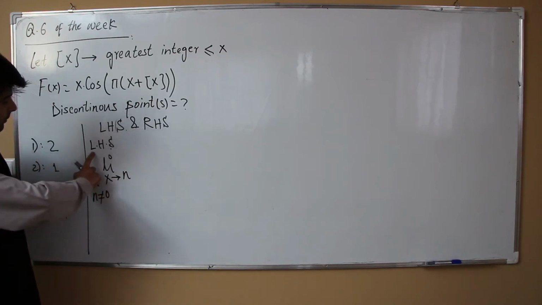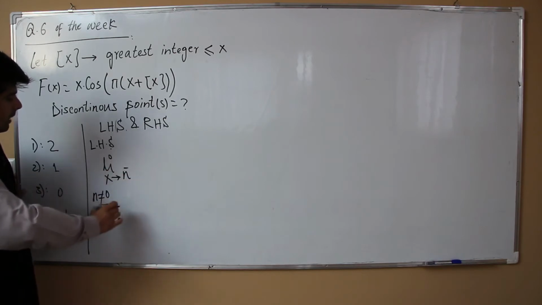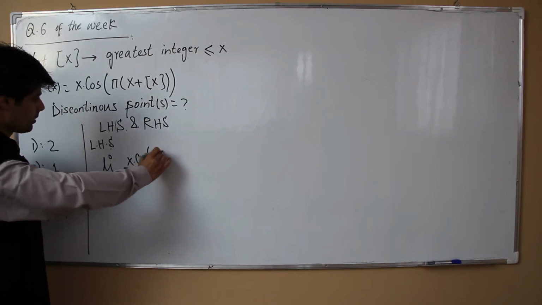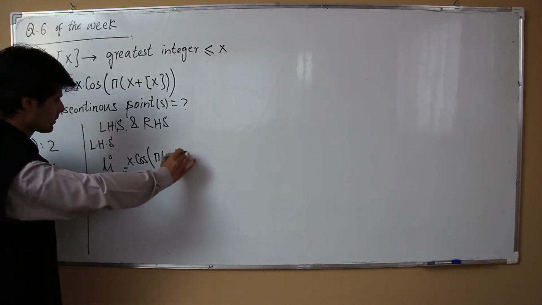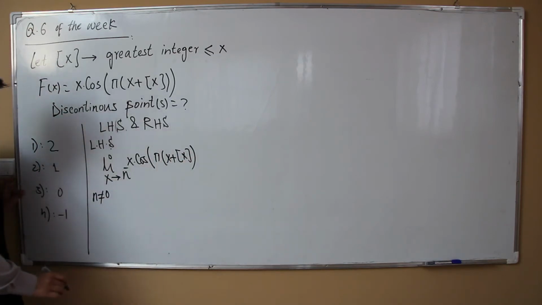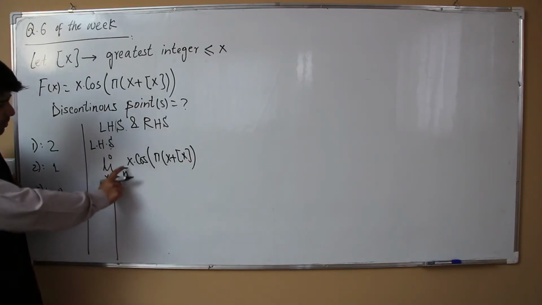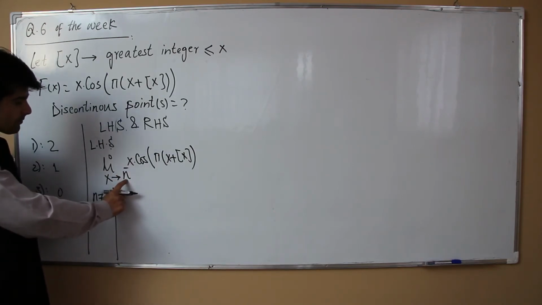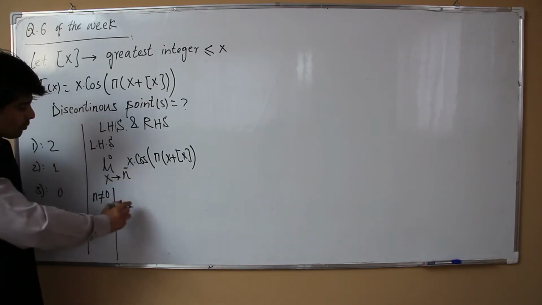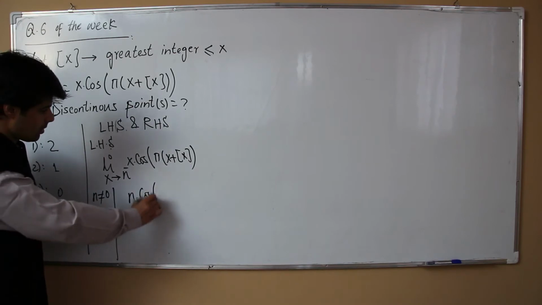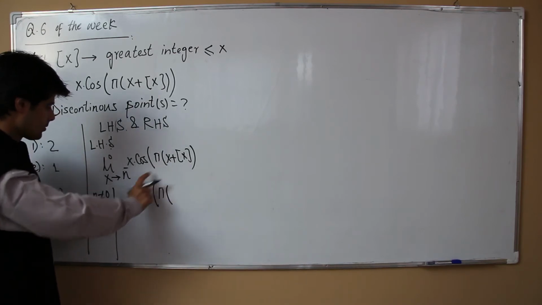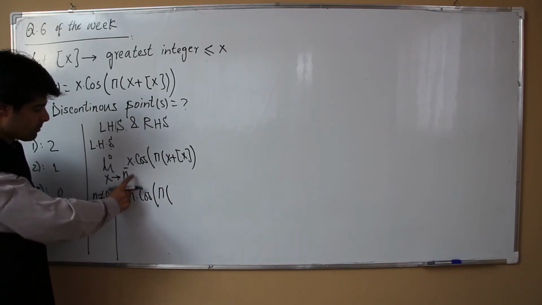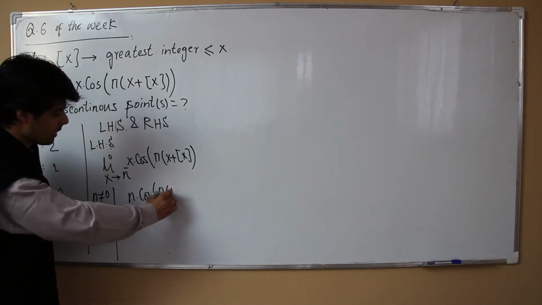For the LHS, we have the limit as x approaches n from the left of x cosine of pi times the greatest integer of x. Instead of x, you put n minus, meaning from the left side of n. The x part is once again n.